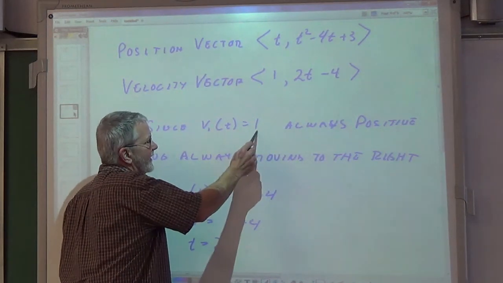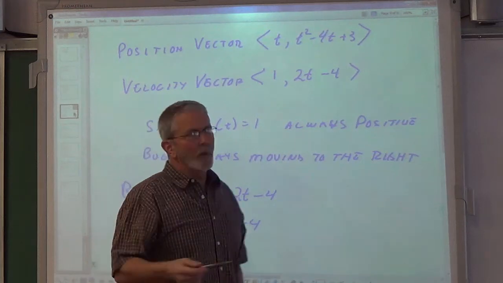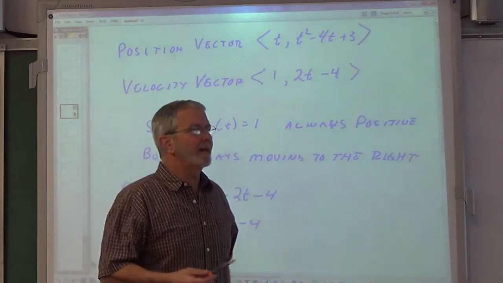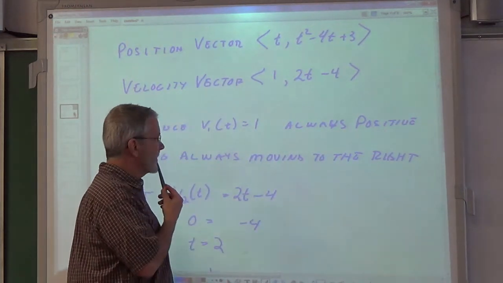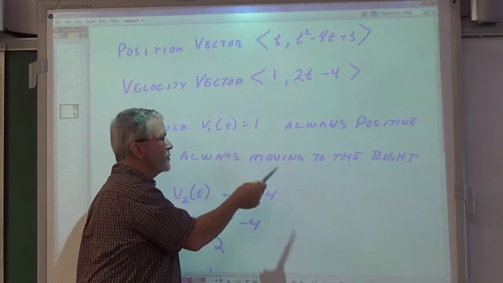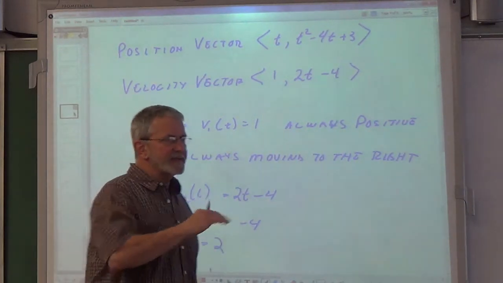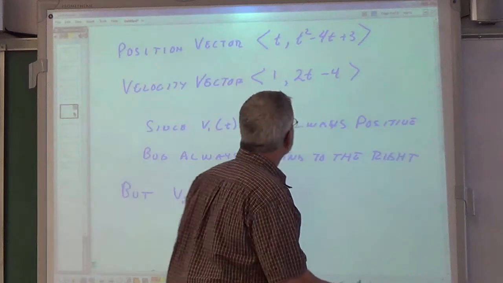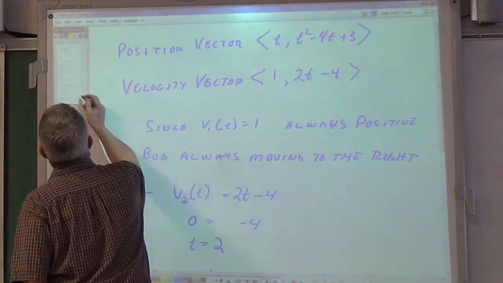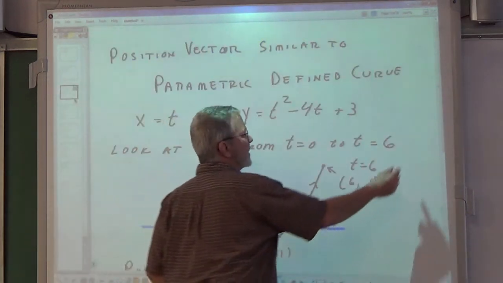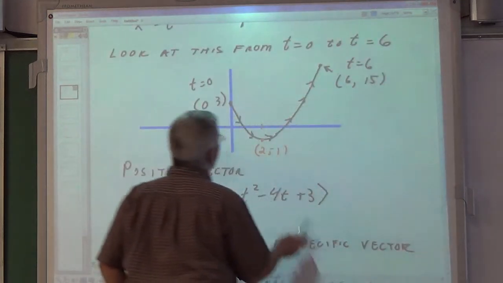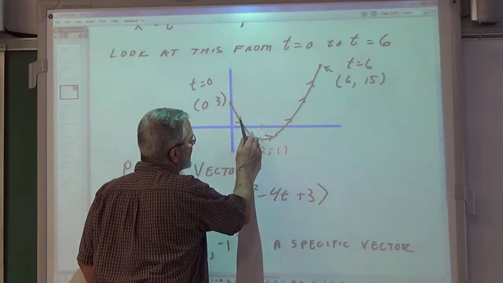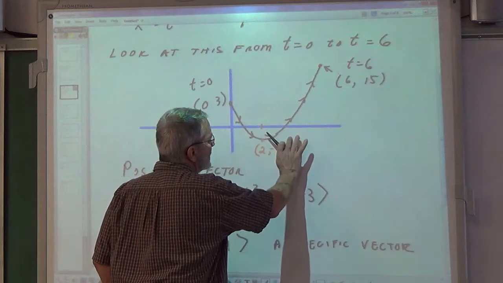But hey, what does this tell us? Well, 1 is always positive. It tells us that the bug is always moving to the right. This bug isn't on a horizontal line. This bug is on this curve here. But that bug is always crawling to the right.